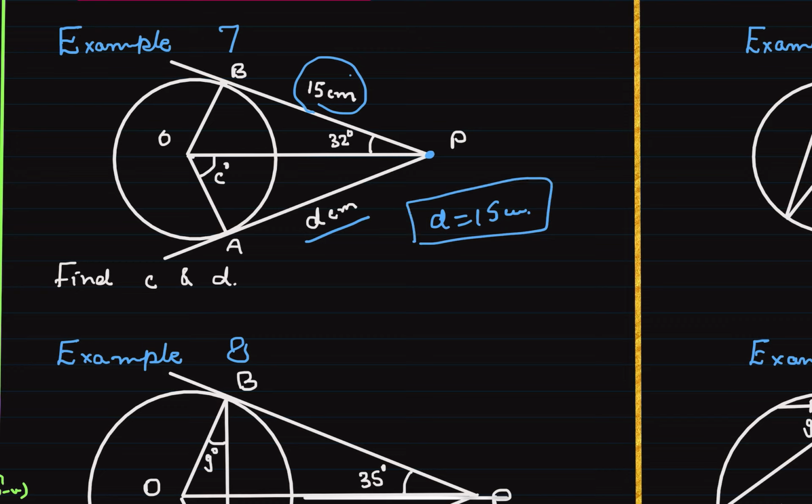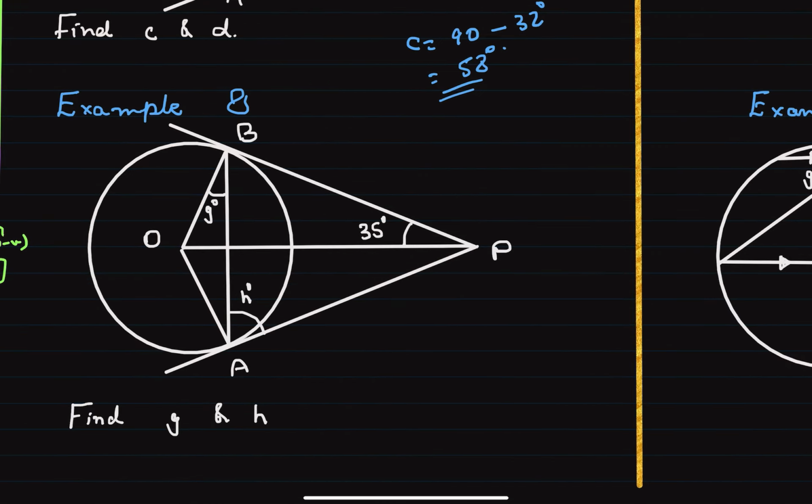And if this is 32, that means this should also equal 32. And I know that radius and tangent are perpendicular to each other. That means the C should equal 90 minus 32. That is equal to what? 58. Right? I hope you got it.